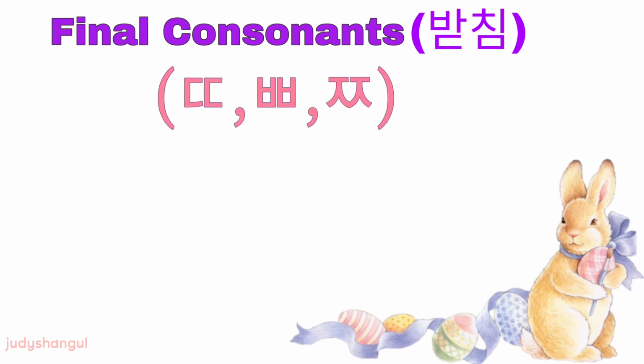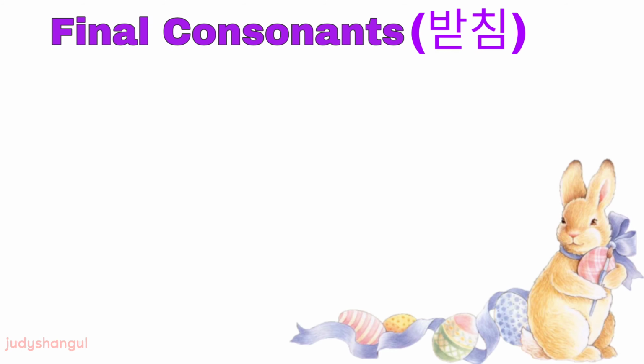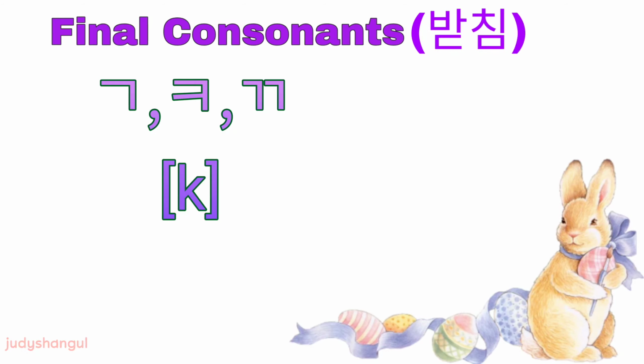All consonants are used as 받침 except for 쌍디귿, 쌍비읍, 쌍지읒. 기역, 키읔, 쌍기역 are all pronounced as a K sound when they are used as final consonants. For example, 약, 책, 부엌, 밖.